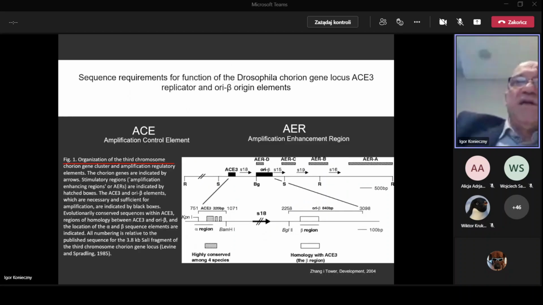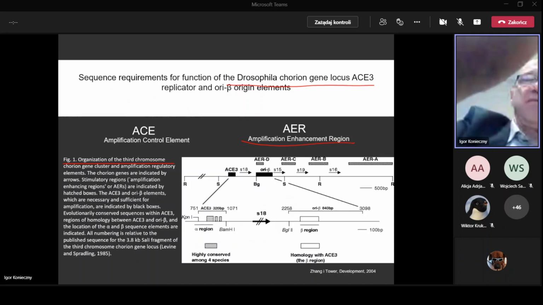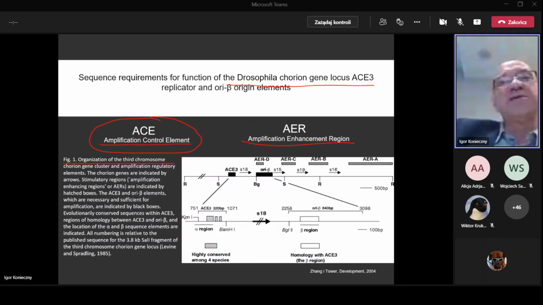And this is the Drosophila chorion gene and the amplification enhancer region, and something which is called ACE, amplification control elements, which were found important for Drosophila melanogaster origin activity.